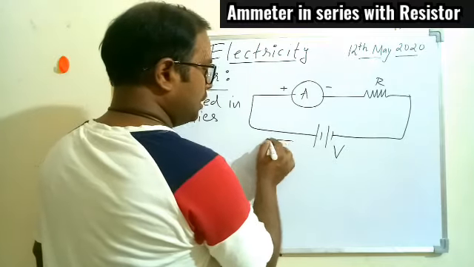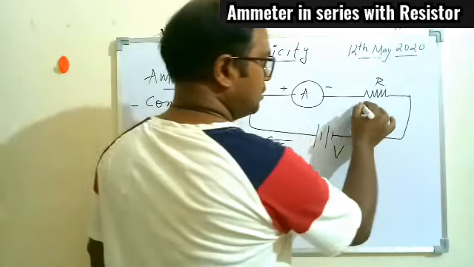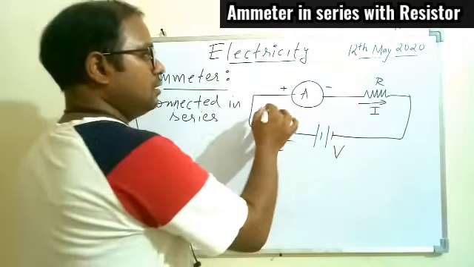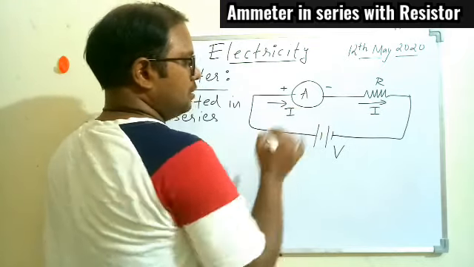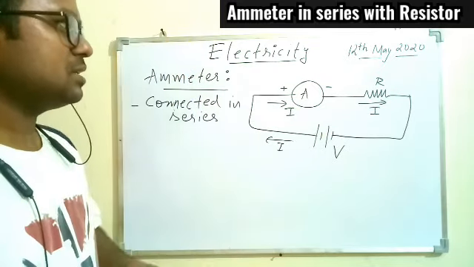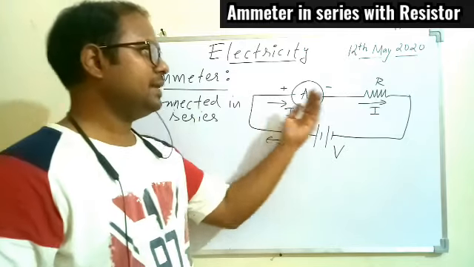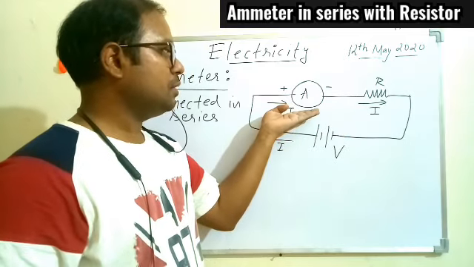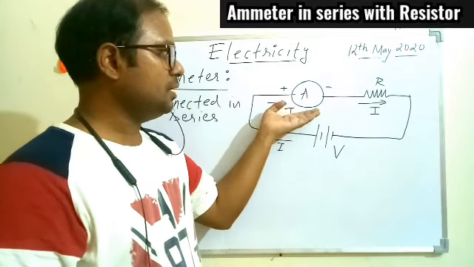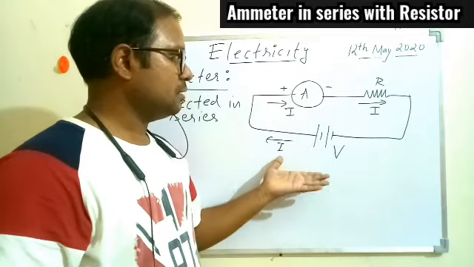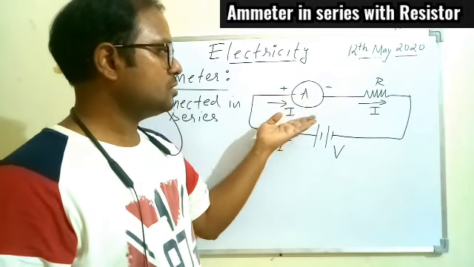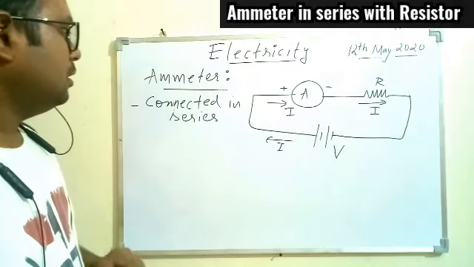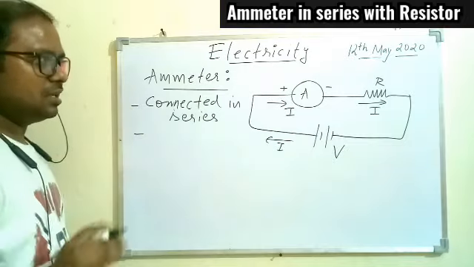If the current flowing through the circuit is I, and the current flowing through resistor R is I, then it can be I in the ammeter also only if it is connected in series. The requirement of the ammeter is just to record the current flowing in a circuit. So once we connect the ammeter in series, it will record the same current that is flowing through R. That is one reason why it should be connected in series.